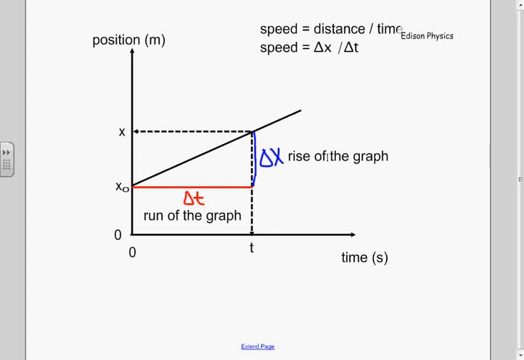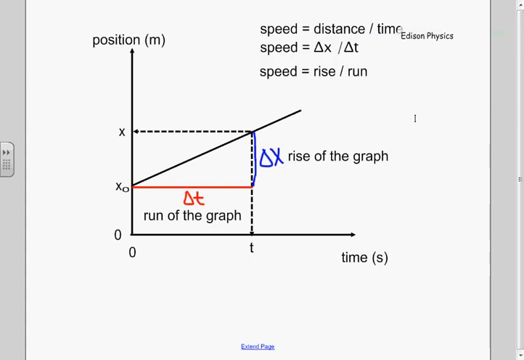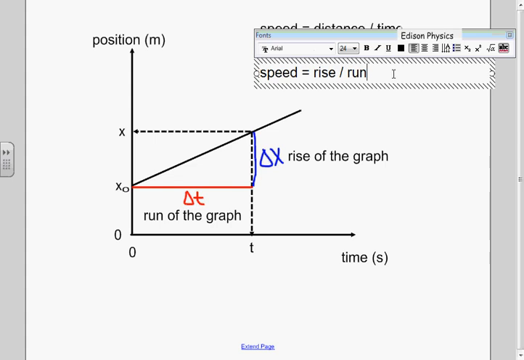What do I get when I divide rise by run? All right, so let's look at this for a second. Speed equals rise divided by run. That looks awfully familiar to me. You know, I think there's probably a name for rise divided by run. You think back to what you've known from math, rise divided by run is nothing more than the slope of the graph.